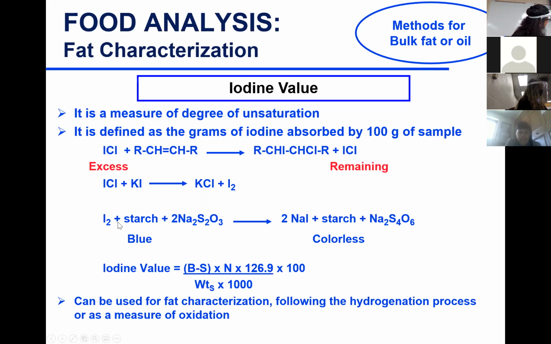So what happens is that when all the iodine reacts, at the next drop of the solution, you no longer have iodine to react with the starch, so the color goes to colorless. So you will be titrating to colorless.